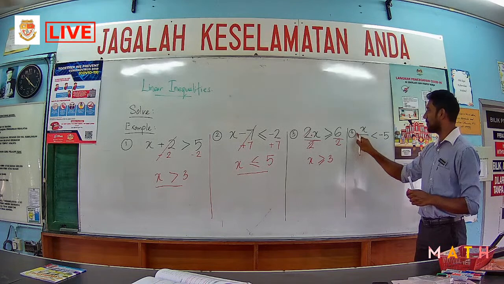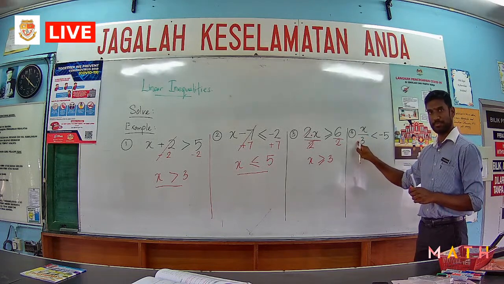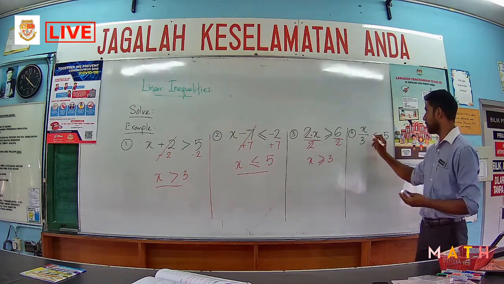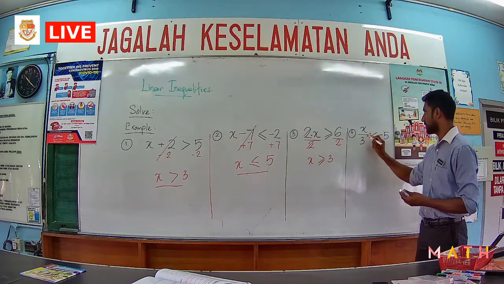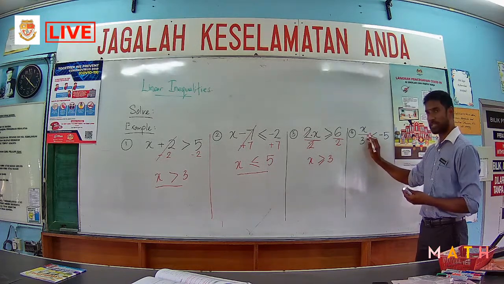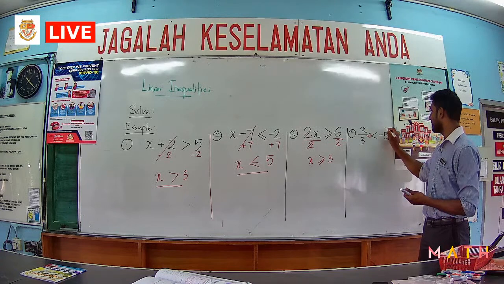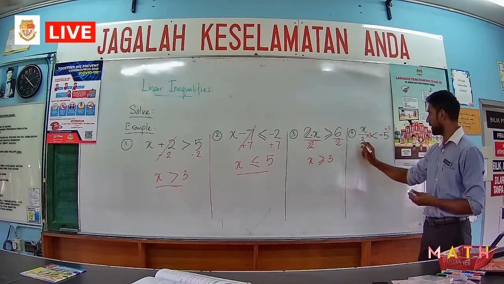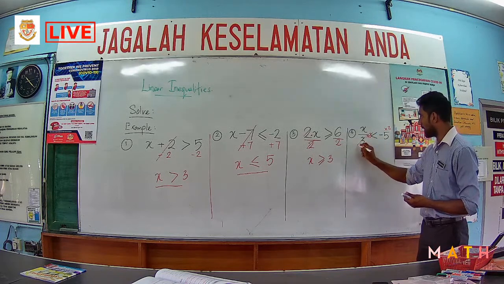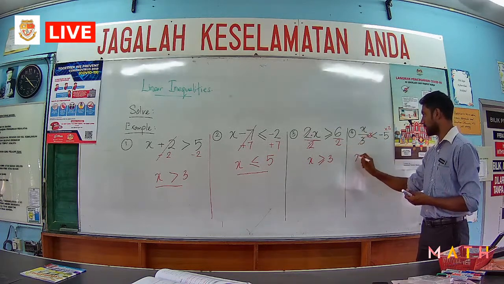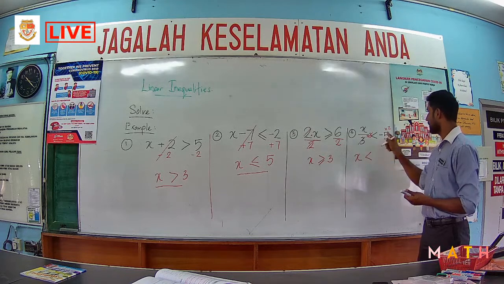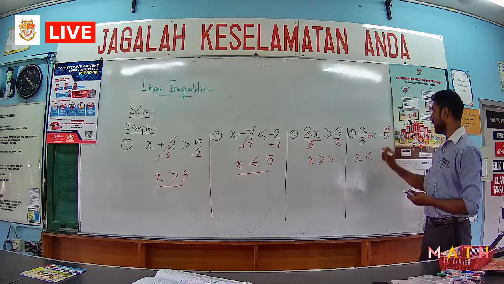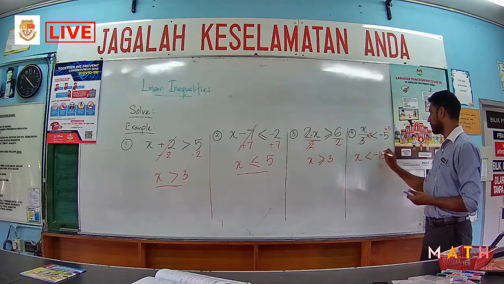We have divide by 3 here, so the opposite of divide will be times. So if you times 3 here, on the other side you need to times 3 as well. So 3 and 3 will eliminate themselves. You will have x less than negative 1 times 3. The answer is negative 3.